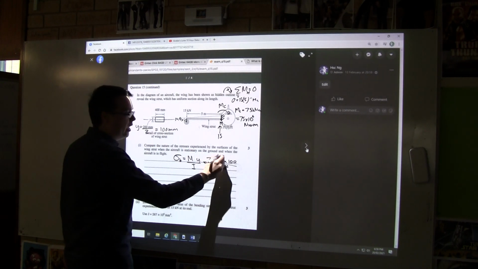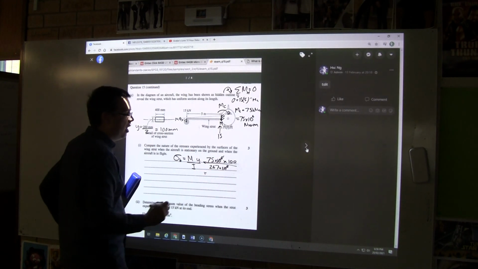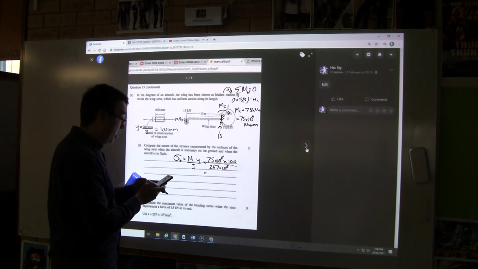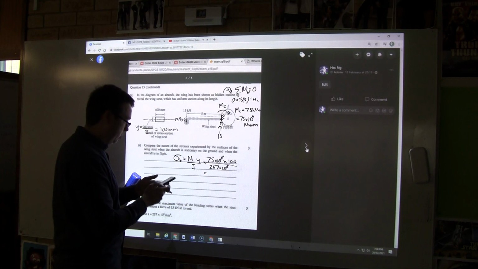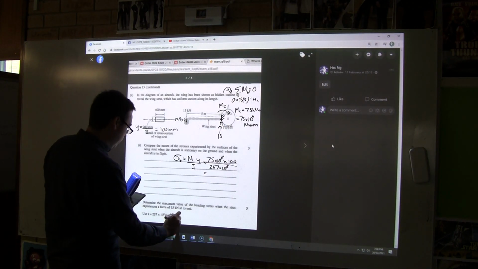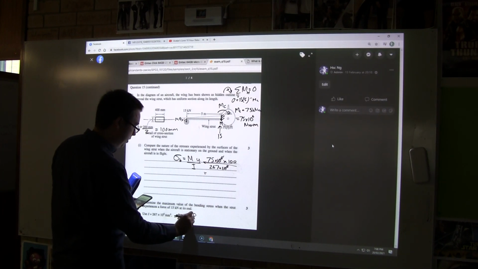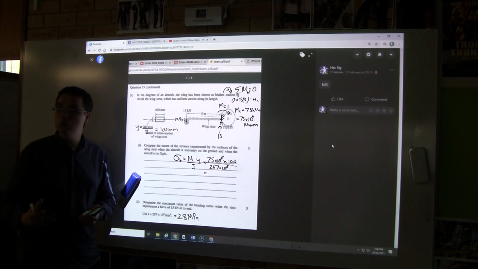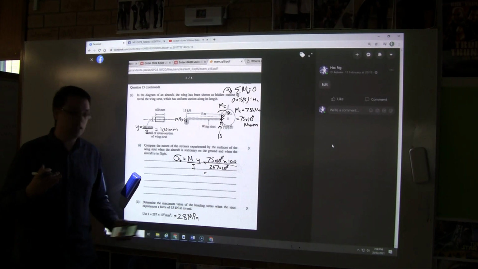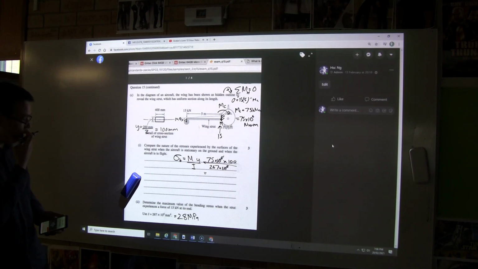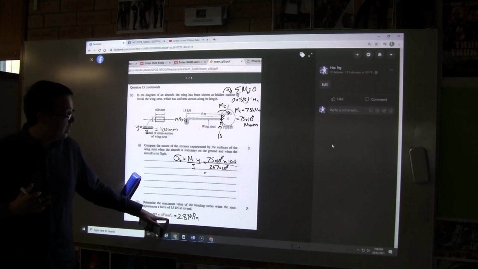Great, we get to cancel out those 10 to the 6s, and so what we're going to get is 7,500 divided by 267 equals 28 megapascals. Because we used millimeters and newtons, we're going to get our answer in megapascals, because we go together like megapascals and millimeters squared. So that gives us our answer of the bending stress.